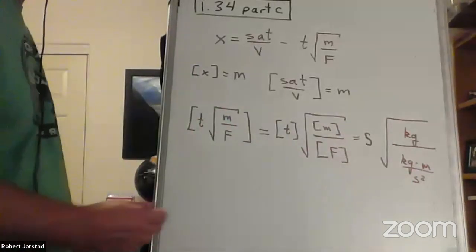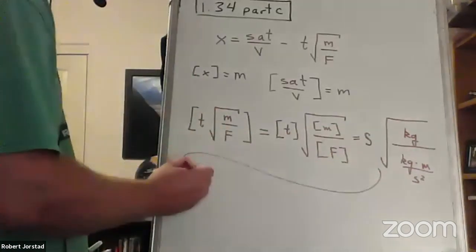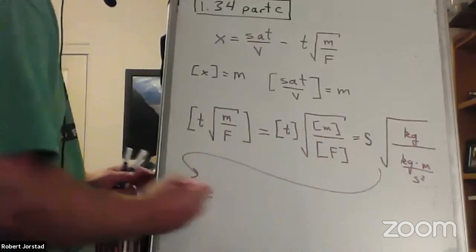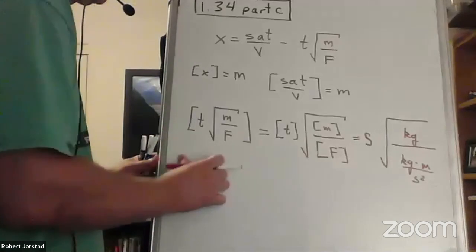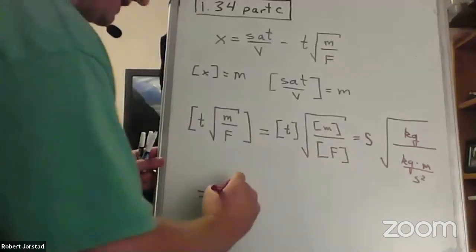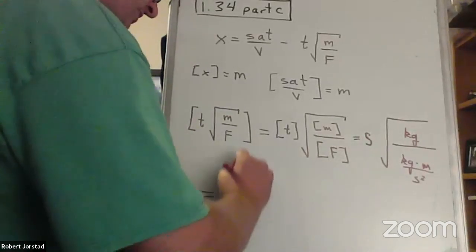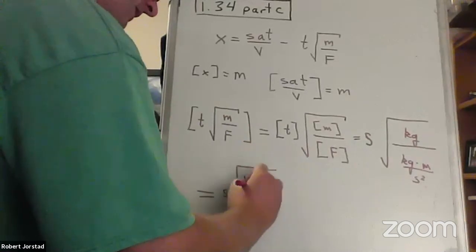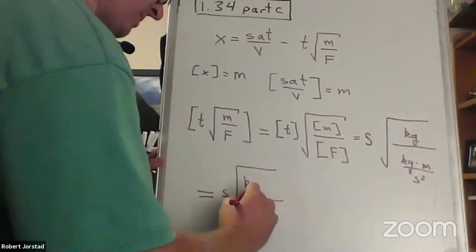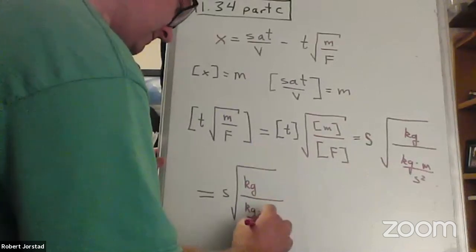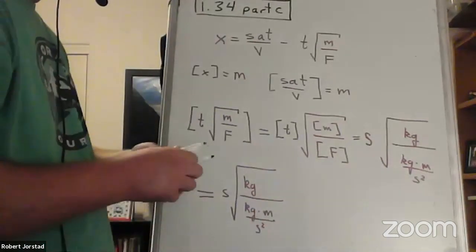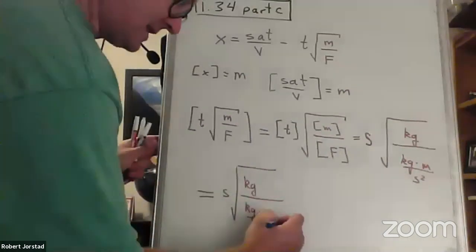Now, I'm just going to carry this down over to here, all right? And this is kind of in my way. So now it's S times the square root of kilograms. I'm going to let the paper do the work so I don't screw up again. I'm going to multiply by the reciprocal on the top and the bottom.